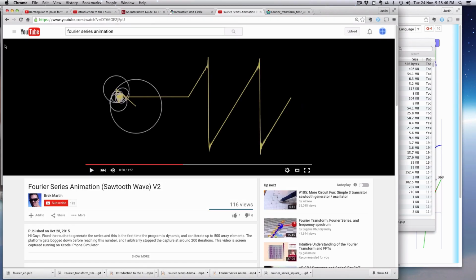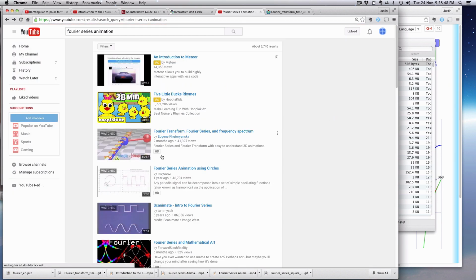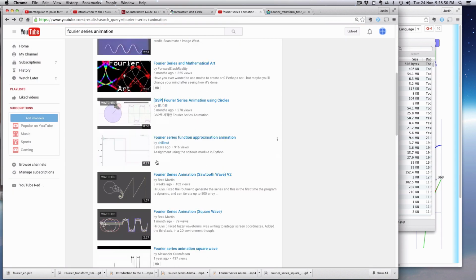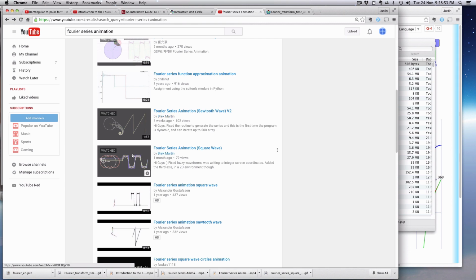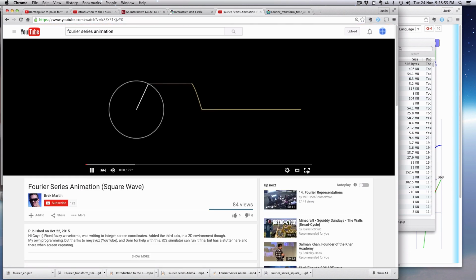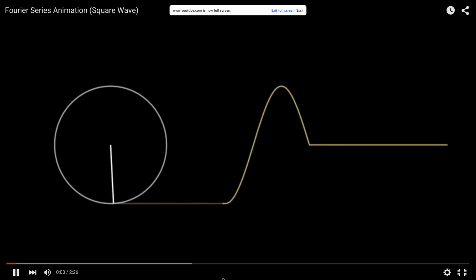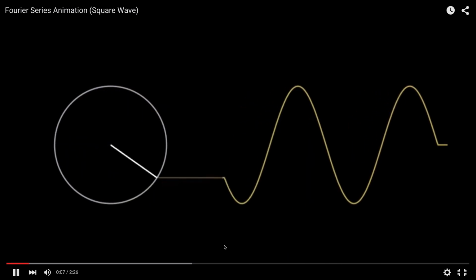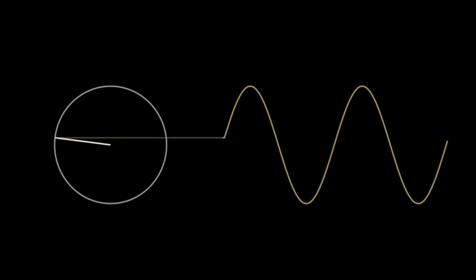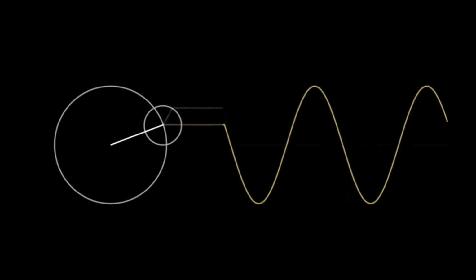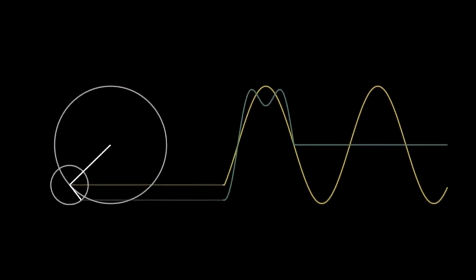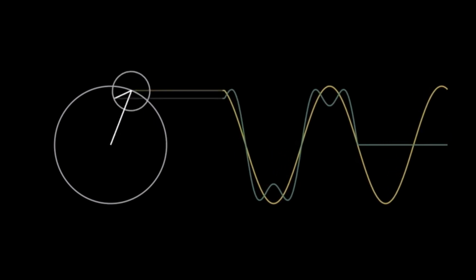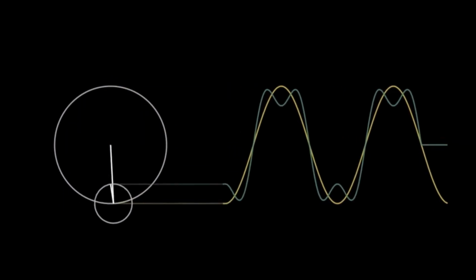And there's another one, quite nice as well. We did sawtooth. We can look at the square wave as well. It's a similar sort of process. A single sinusoid, and then there's a second one that looks like twice the frequency, or 3 times maybe.